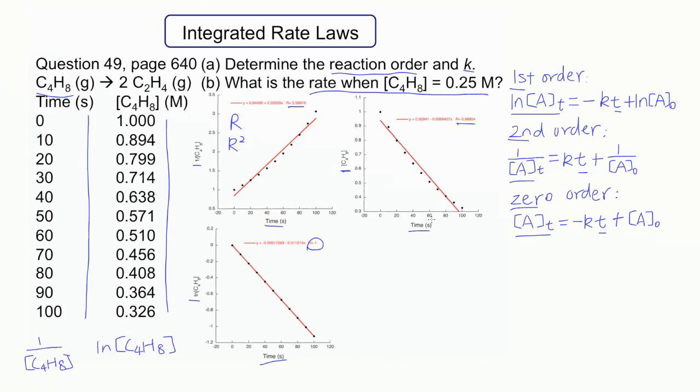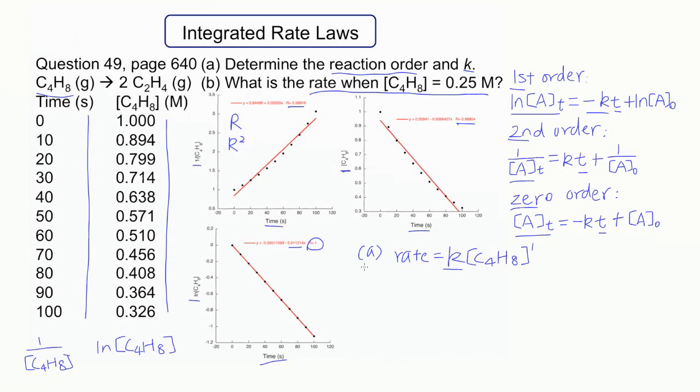So we solved our first problem, the reaction order. So the rate equals k times C4H8 to the 1, first order reaction. Now how do we find out the k? Since now we know this is a first order reaction, we just need to focus on the third graph. And remember, in a first order reaction, the slope is negative k. We have our slope right here, negative 0.011214.